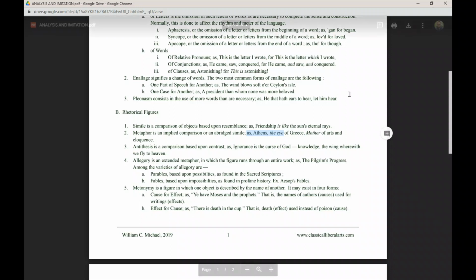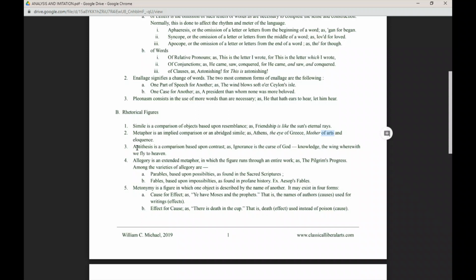Athens is to the arts what a mother is to a child. It's an implied comparison, or a comparison that doesn't include the explicit use of the words like or as.